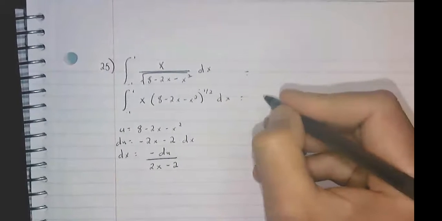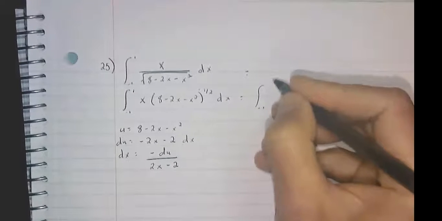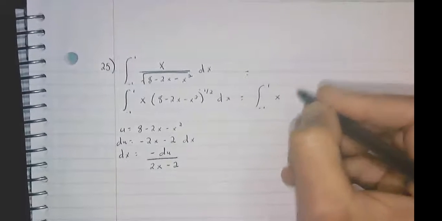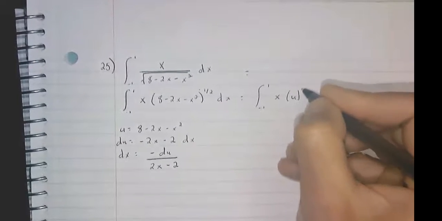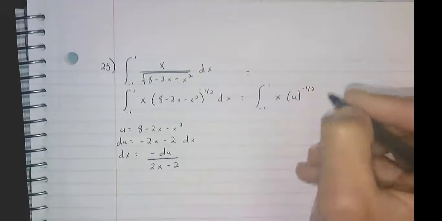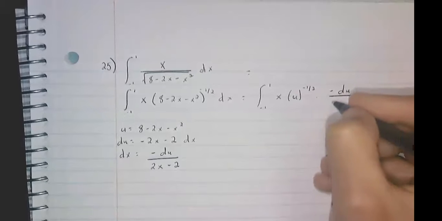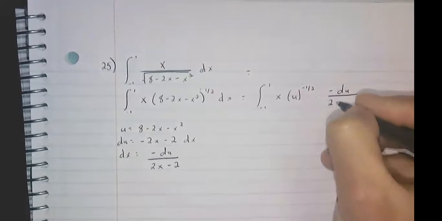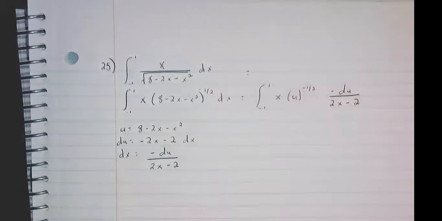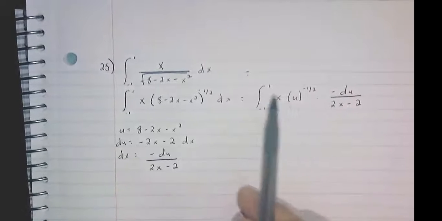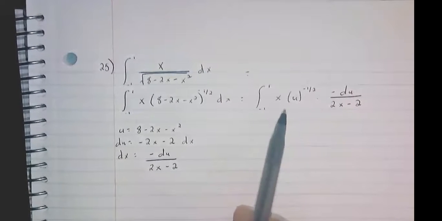Then we'd end up with x times u to the -1/2, dx is this -du over 2x minus 2. This might kind of work. No. I mean, it sort of feels like that might want to cancel, but I don't think that's our path.